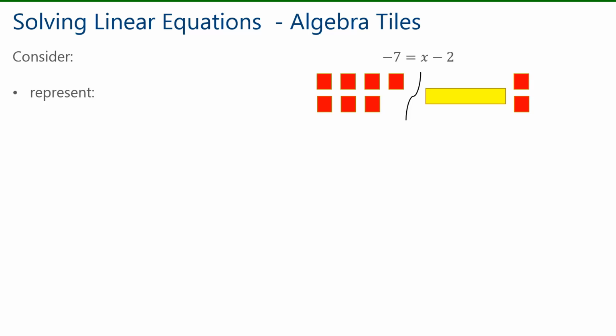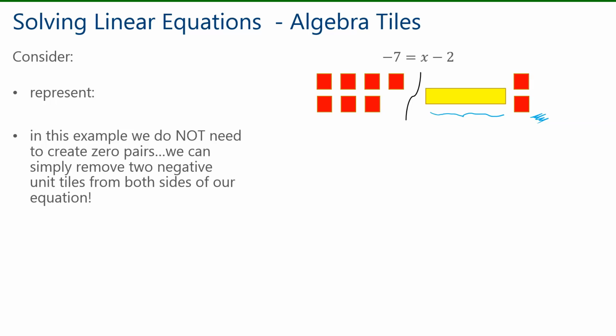To get our variable tile by itself, to isolate it, we have to deal with the 2 negative unit tiles. This one, are 0 pairs necessary? I think not. We do not need to create 0 pairs. We can simply remove 2 negative unit tiles from both sides of our equation. So if we can get rid of them on both sides, let's do it.